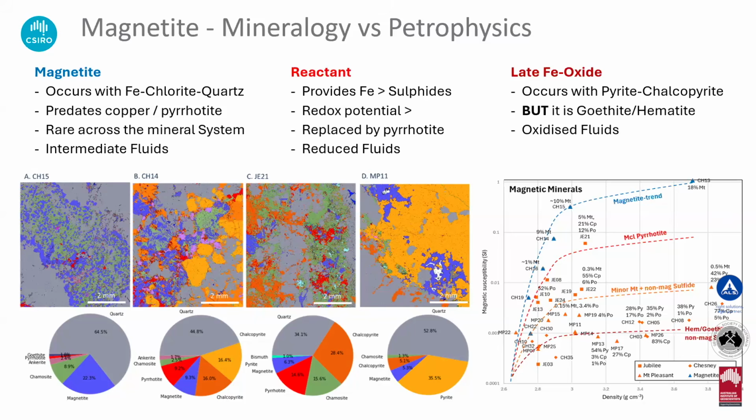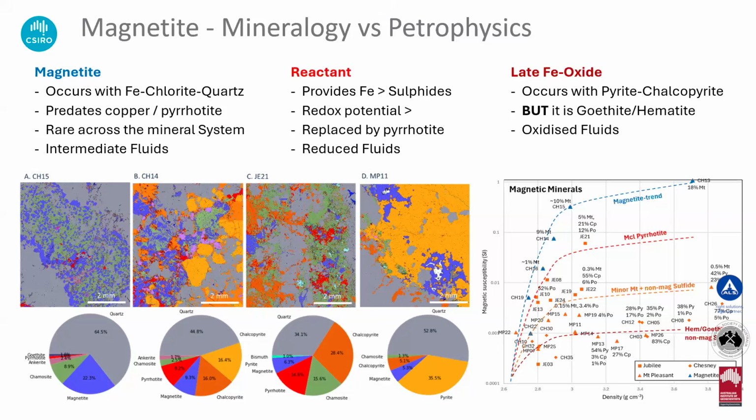So we've got this magnetite chlorite assemblage, which is pretty early in the piece. Not much mineralization associated with it. And then it's overprinted by other types of assemblages. You've got pyrite here, chalcopyrite, a bit of pyrrhotite, and ankerite and calcite.